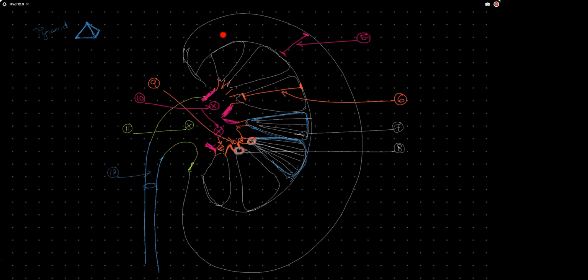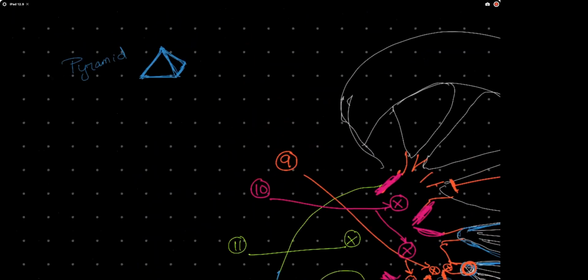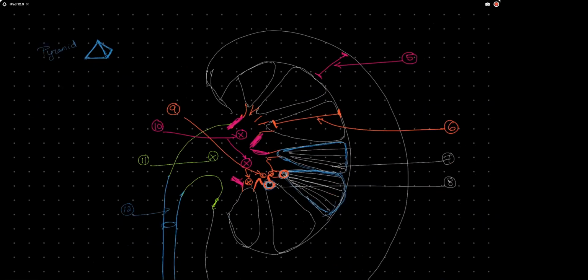As a junction between the outer and inner layers, we've got those triangular shaped structures. Actually, they are not triangles because they have a depth. So a triangle that has a third dimension is not considered a triangle, it's considered a pyramid. So we can see here those triangular shaped structures located at the junction between the outer layer of the kidney and the inner layer of the kidney.